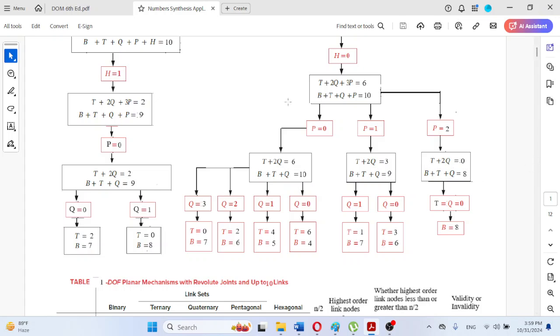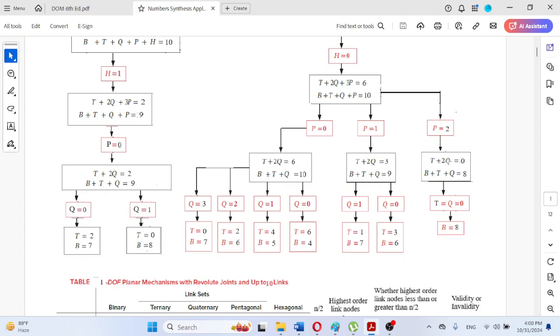So as we can observe, the equations will be reduced to t plus 2q is equal to 0, and the lower equation will be reduced to b plus t plus q is equal to 8 in this way. So if we observe this upper equation t plus 2q is equal to 0, none of t and q can adopt a value other than 0.